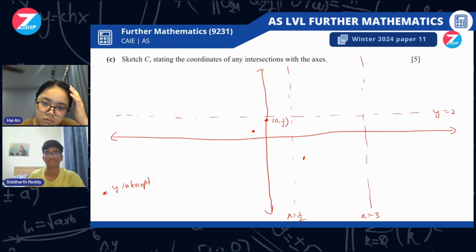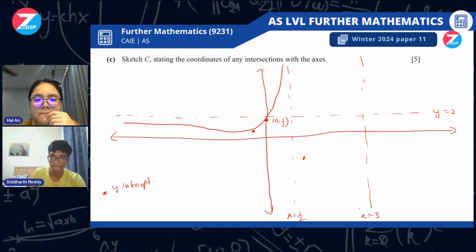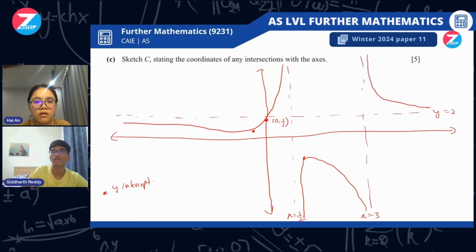Okay. So just plotting some other points with the calculator to help us, what we get is something that looks like this. So this is what the graph should look like.